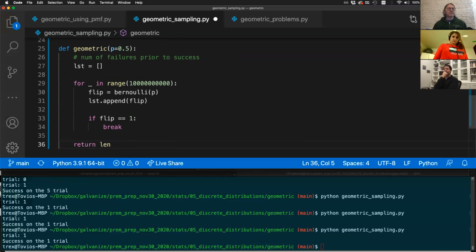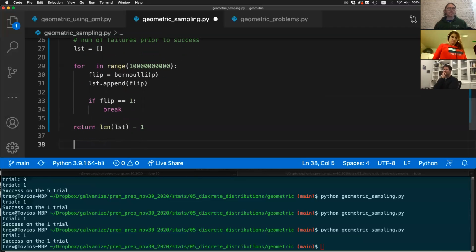In this case, I could print the failures up to success. I could think about these lists, but they're all failures up to success. We only care about the count here. So I'm going to return the length of that list. And because I am not including the success, I'm just considering the number of failures. I'm just going to say the length of the list minus 1.